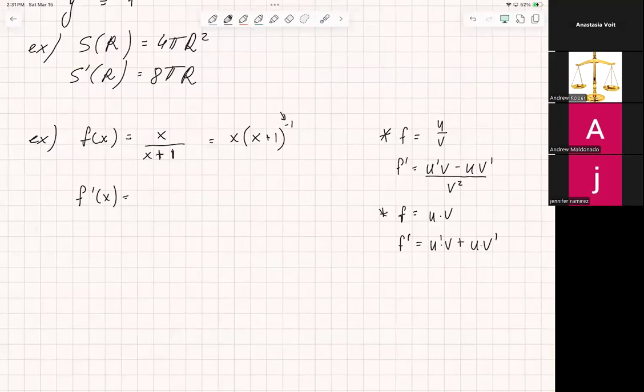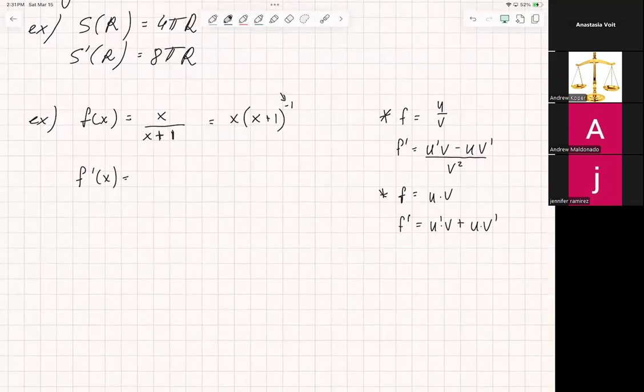All right, so now we will be using the quotient rule. The derivative of the numerator is just 1, times the denominator, x plus 1. Now minus the numerator times the derivative of the denominator. For x plus 1, x becomes 1 and 1 becomes 0, so we have just 1 here.